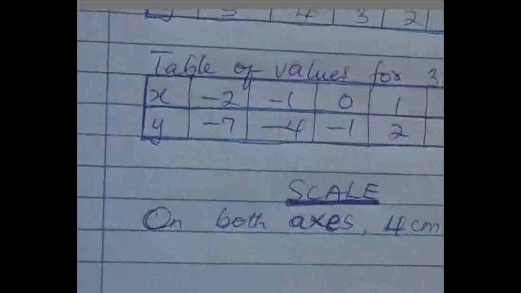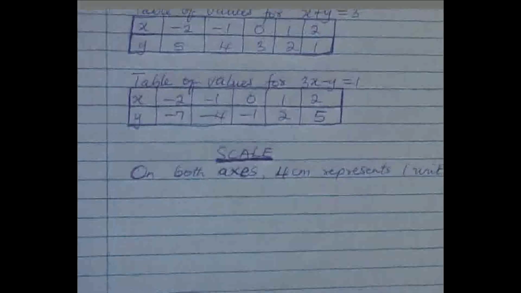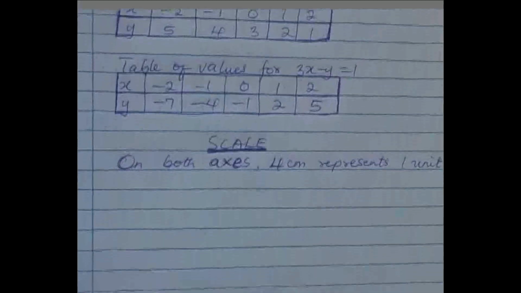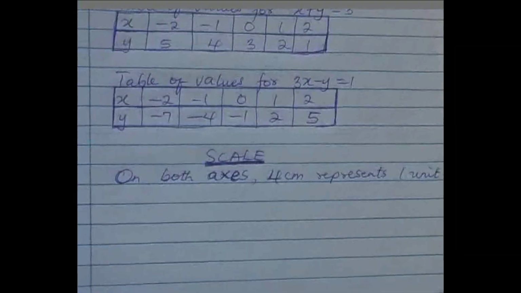Now we are close to the graph book. I told you I want to explain why I pasted this ruler that you are seeing. Look at the scale. We wrote that on both axes, 4 cm represents 1 unit.